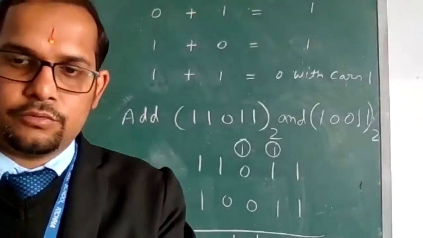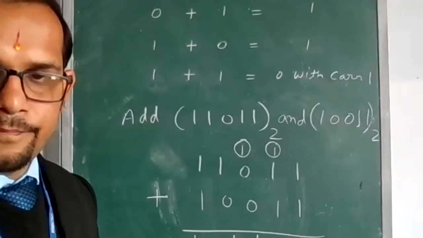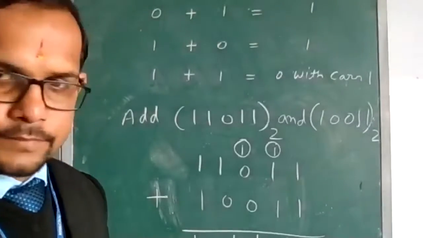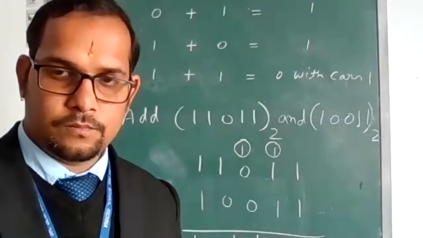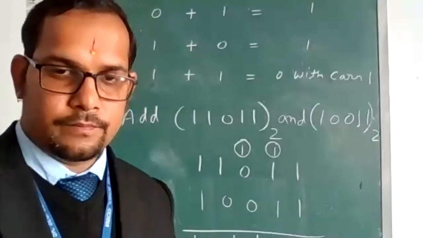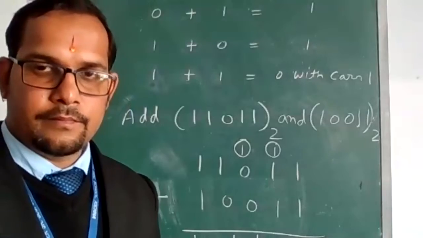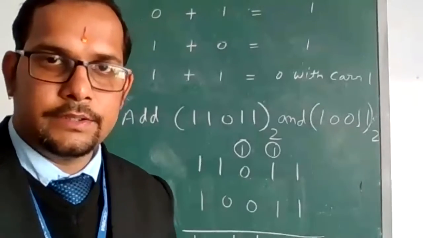Convert this binary number to decimal. What is the result? Solve it fast.